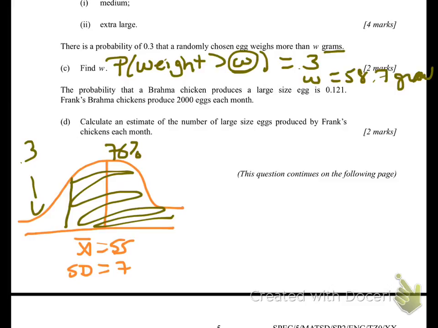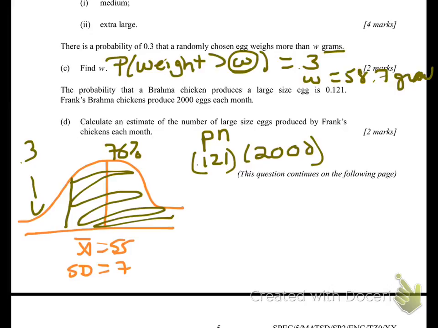The probability of getting a 4 is 1 out of 6. You multiply it by the number of times we rolled the die, which was 60. And so the answer is 10. That's what we would expect. So it's just going to be the probability times the number of items. All right, so it's going to be 0.121 times 2,000.